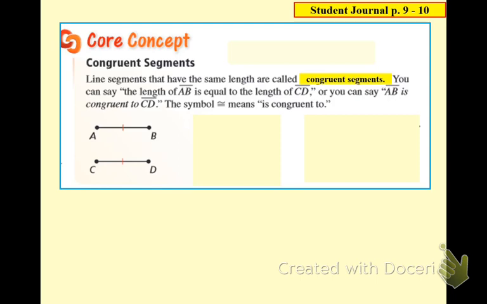You see these red dashes? That red dash signifies that they are actually congruent to each other. I call them dashes or ticks, just depends on the day. But that means they're the same length or measure.